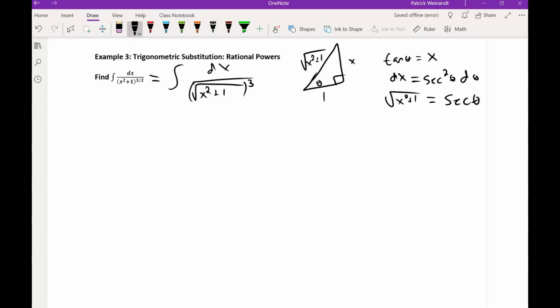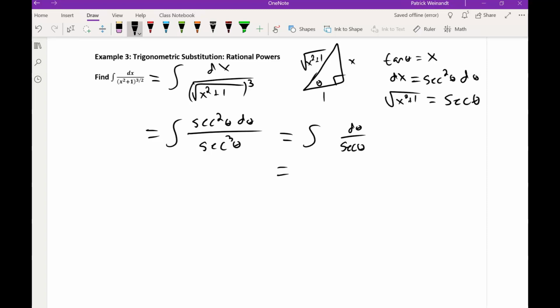So now we have all of our trig substitution values. Plug them in. dx, we know that's secant squared theta d theta over x squared plus 1, the square root of x squared plus 1. Well, that's just secant theta, and we're cubing that, so secant cubed theta. This is going to simplify down to the integral d theta over secant theta.